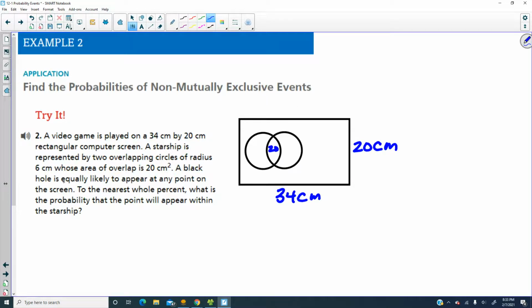Okay. A black hole is equally likely to appear at any point on the screen. So that means a black hole could appear here, here, here, equally likely anywhere on the screen. To the nearest whole percent, what is the probability that the point will appear within the starship?